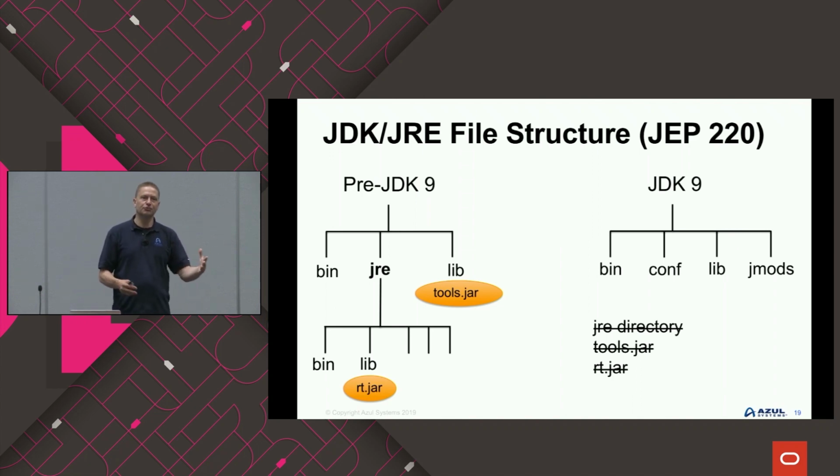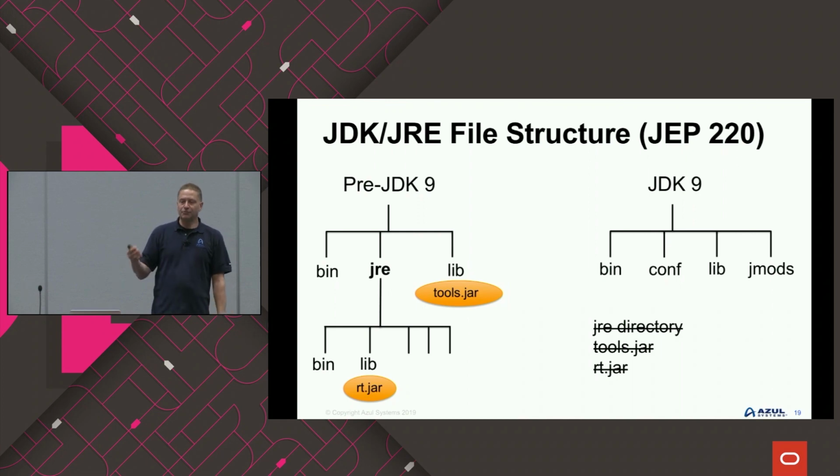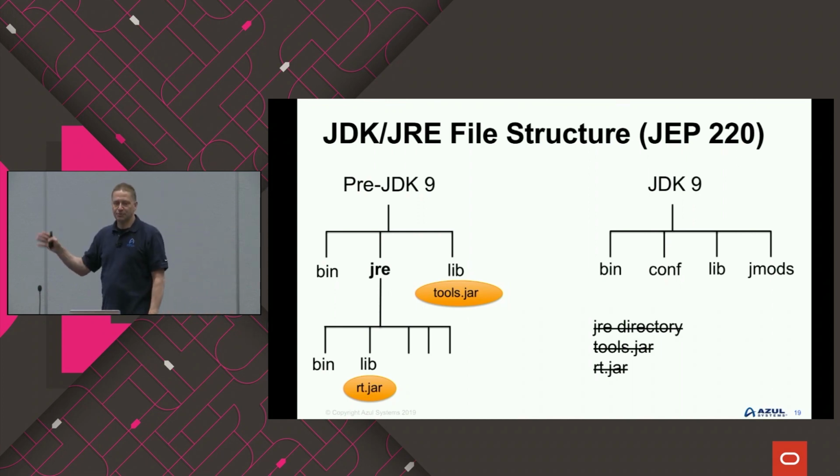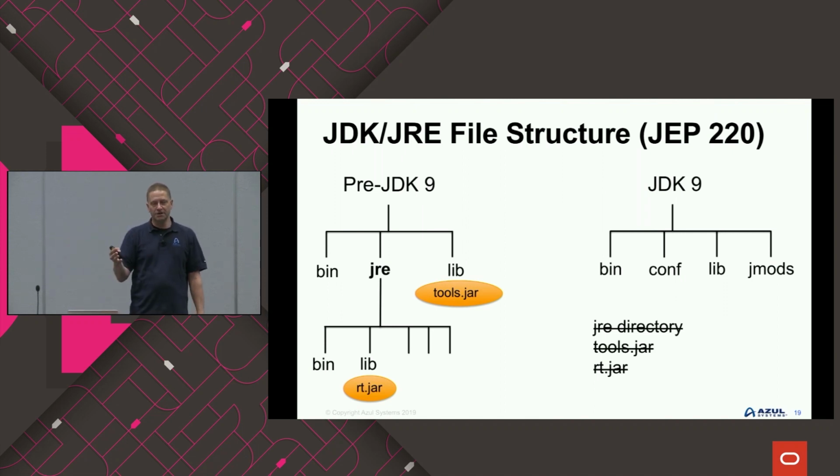You've got a conf directory where they put all the files that might be changed by you for configuration, because they used to be spread around. And then you've got a lib directory and a jmods directory. So essentially, the JRE directory has disappeared, the tools.jar file and the rt.jar file have gone. So if you relied on those things in your application, then that will be something that needs to be changed.